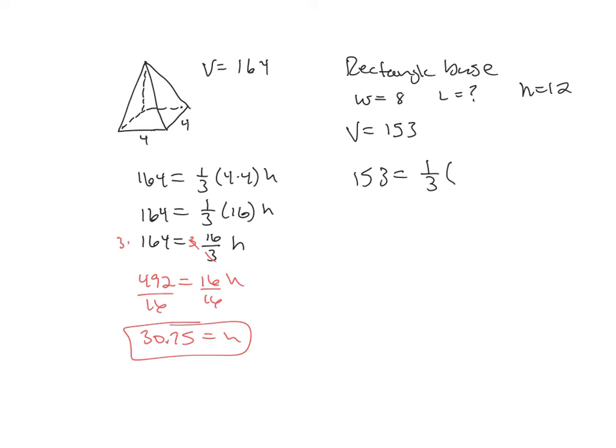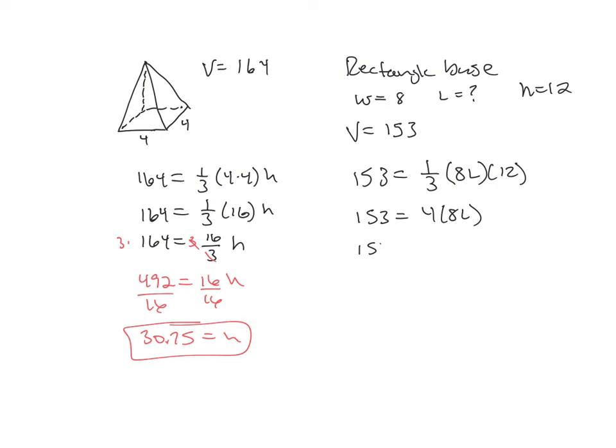1/3 times the area of the base would be 8 times L. And if you wanted to use L, or X, whatever, you're good. I notice I could divide 12 divided by 3 and get 4.